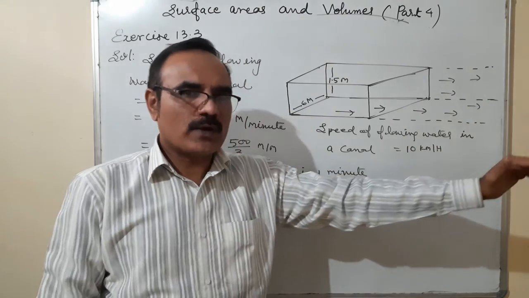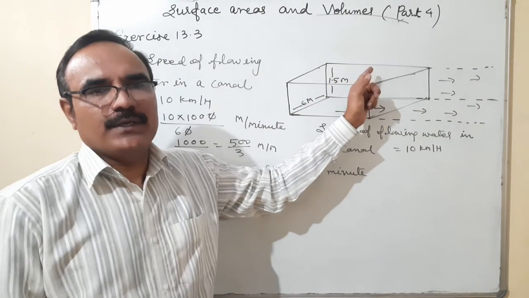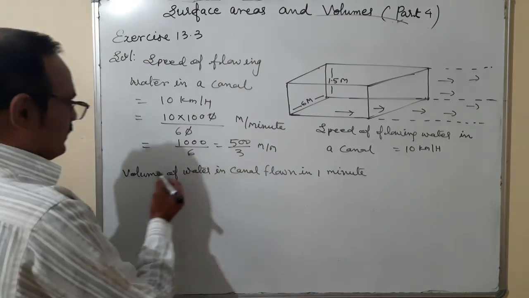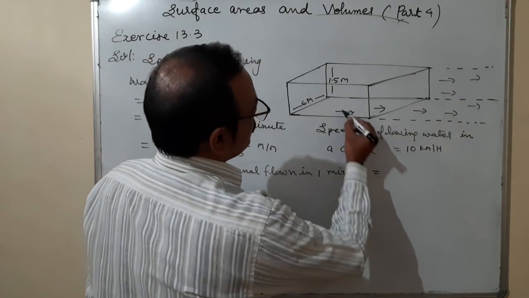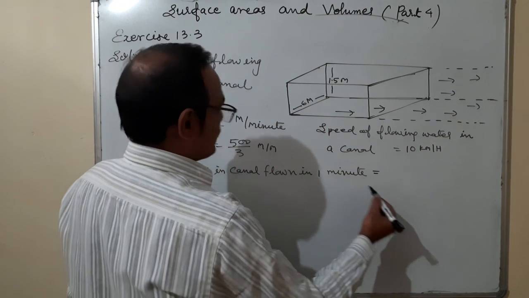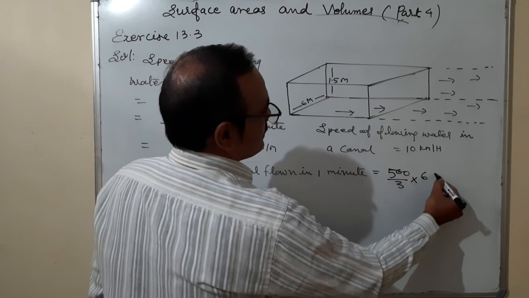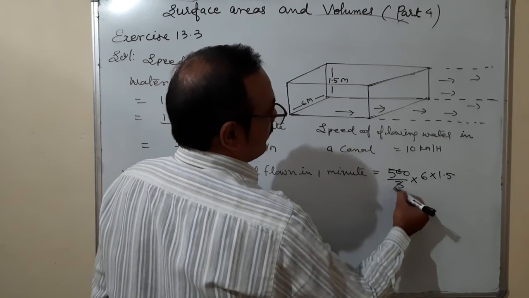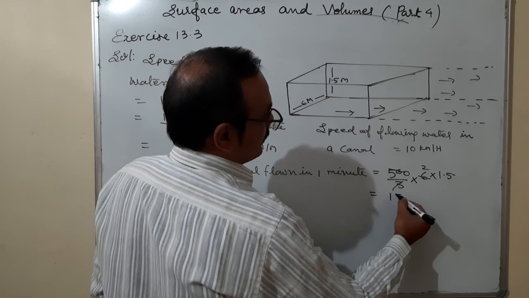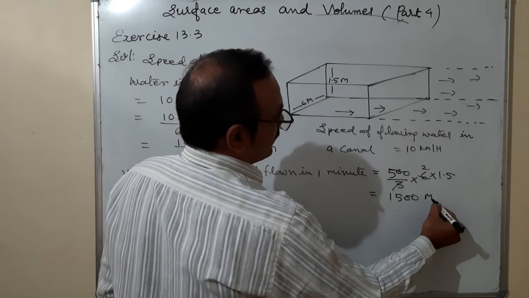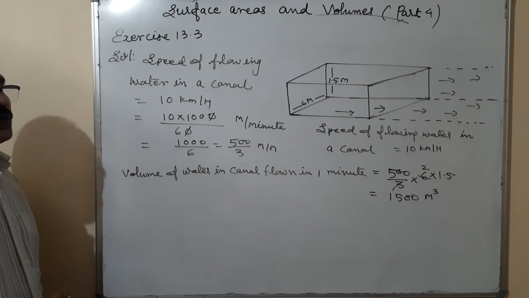So the water flown in the canal in 1 minute is equal to length into breadth into height, which is 500 upon 3 into 6 into 1.5. 3 2s are 6, 5 3s are 15, so 1500 meter cube. In 1 minute, how much water flown?